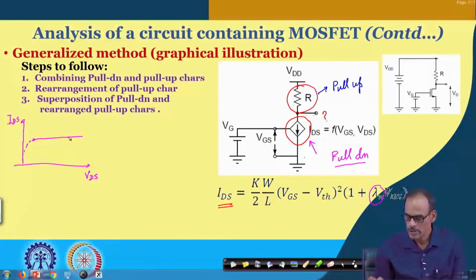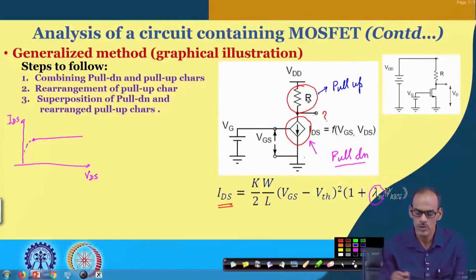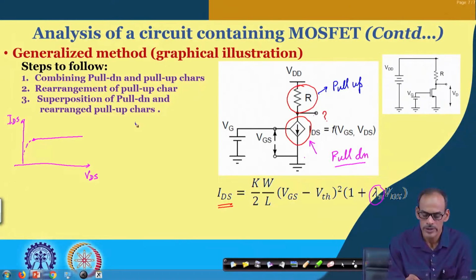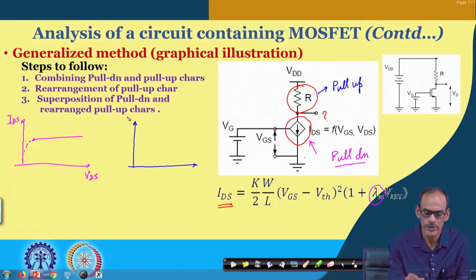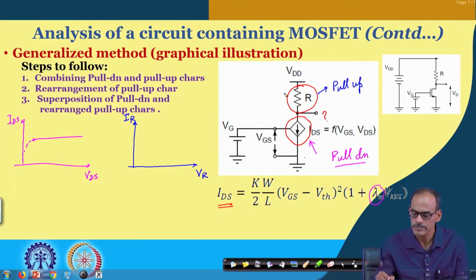And then the pull up characteristic, that means the load line characteristic, is of course linear. So, we draw the current through this resistor IR versus the voltage drop across this resistance.